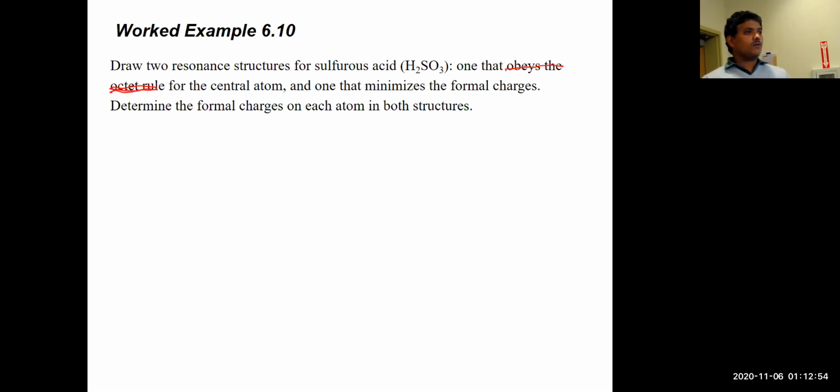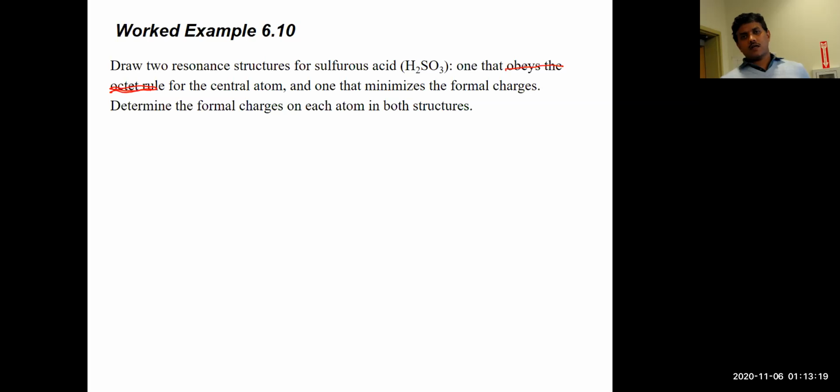I think the question wants to say one that has minimal formal charge, and one that has a larger formal charge. I looked at the 2 answers, and neither of them obeys the octet rule; both fall under exceptions. Either way, you have sulfur, oxygen, and hydrogen, and which one should be your central atom?